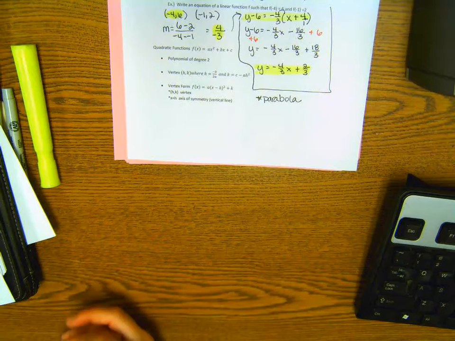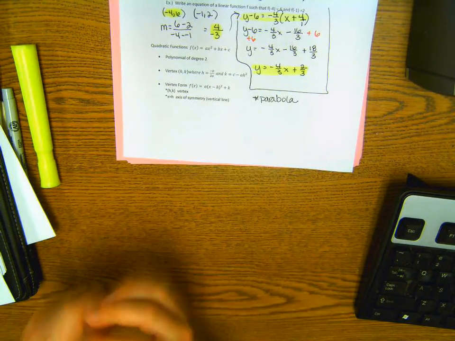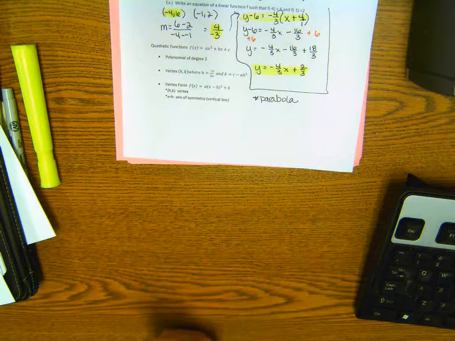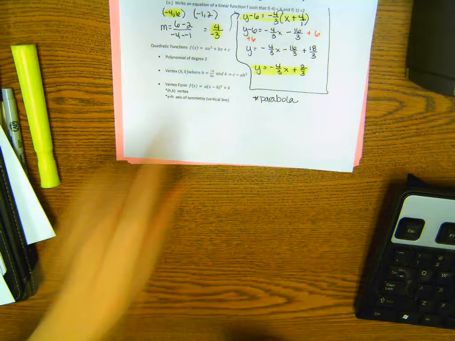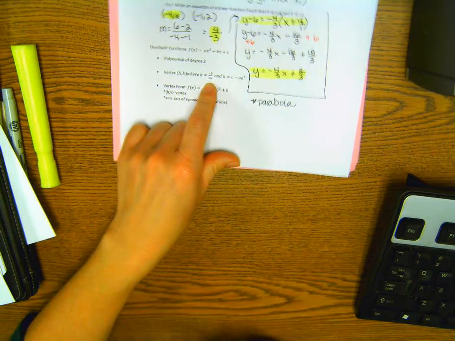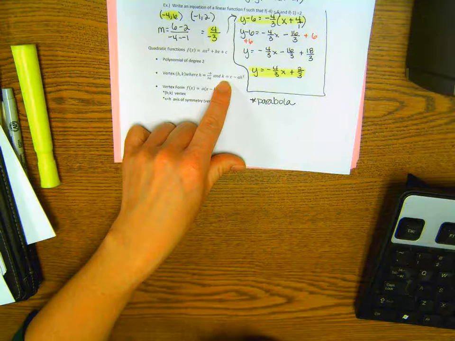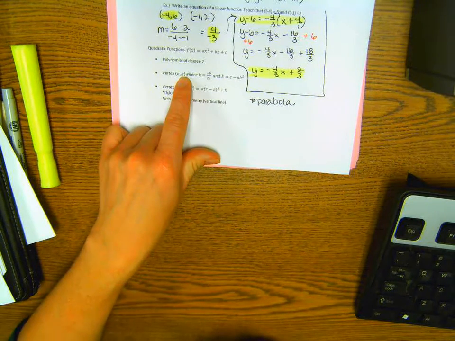But the formula to find the vertex would be that key point where it turns. So the minimum of a parabola opening up or the maximum of one opening down, you can use this formula, and we did learn this in algebra. Negative B over 2A. And then for K meaning the y coordinate, you can do C minus AH squared.